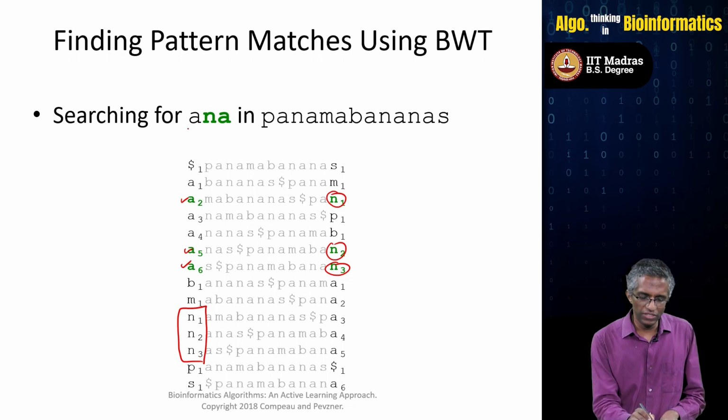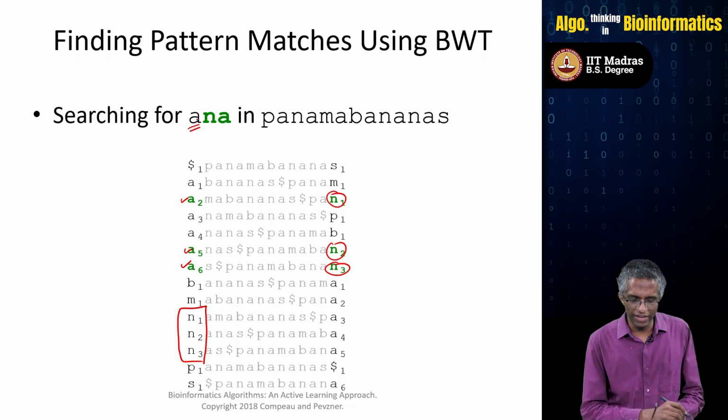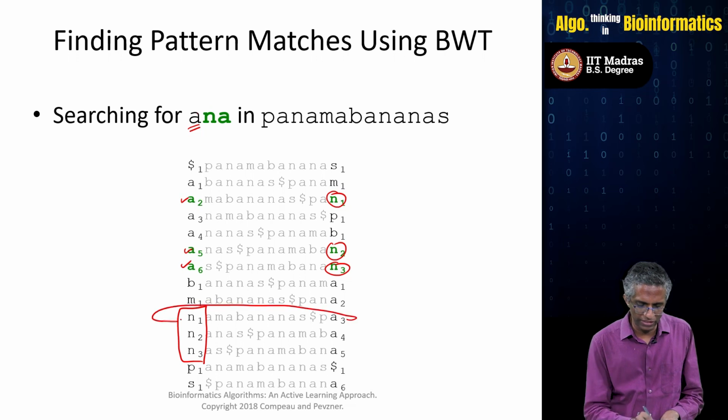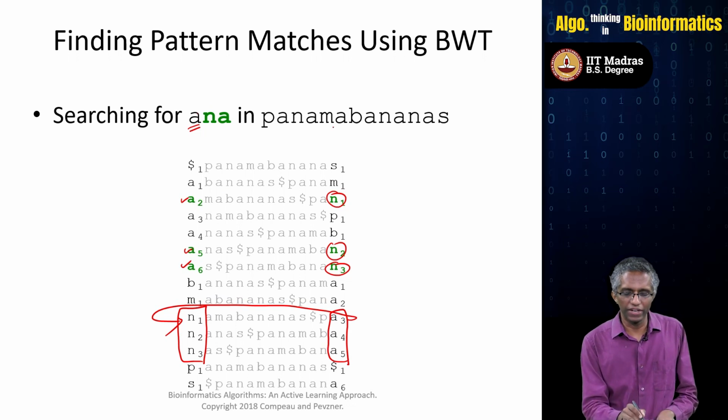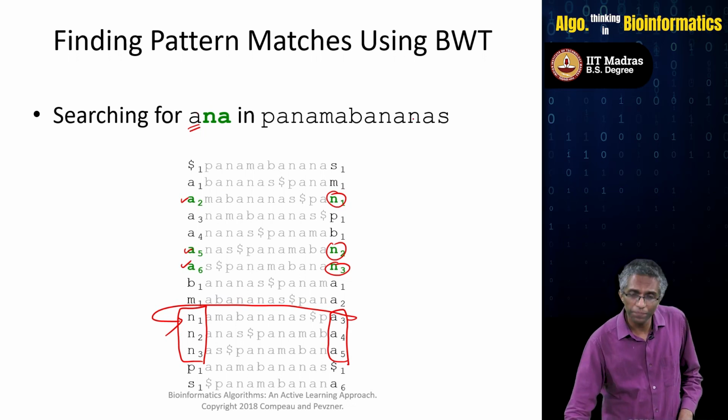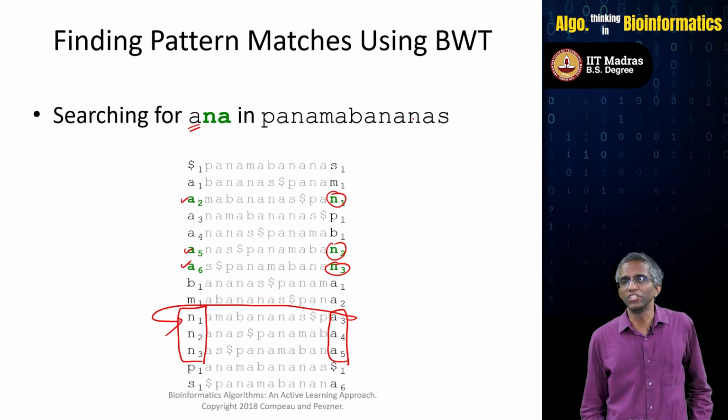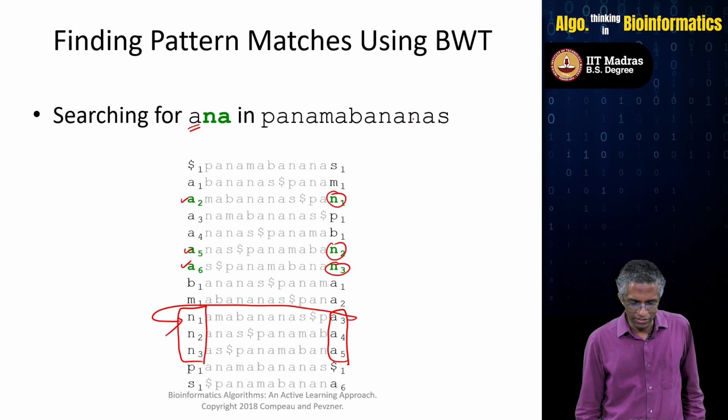In order to see if they have an A in front, again we use this cyclic property and ask which of these have an A, and all of them have A's. So then there are 3 hits of ANA in this particular genome, Panama bananas. That is what is going to be shown here.